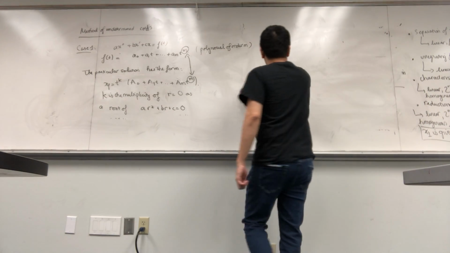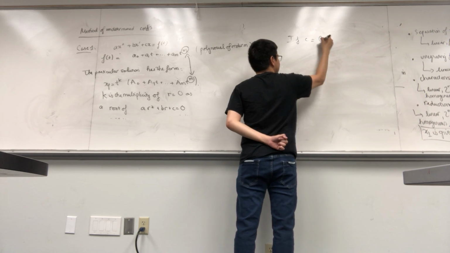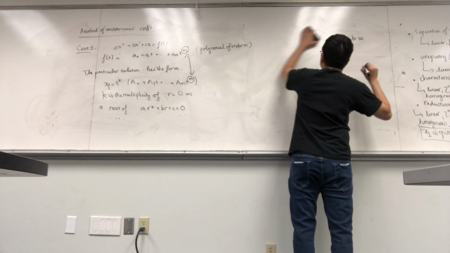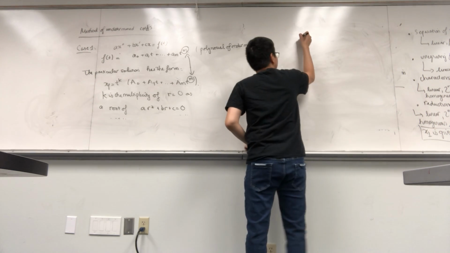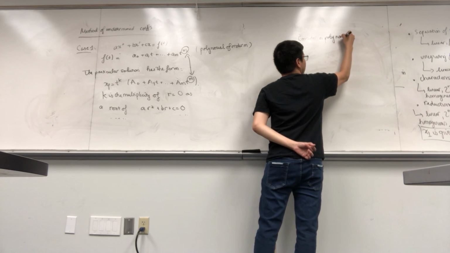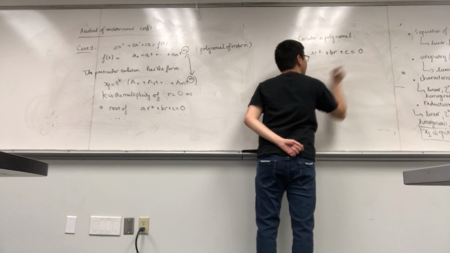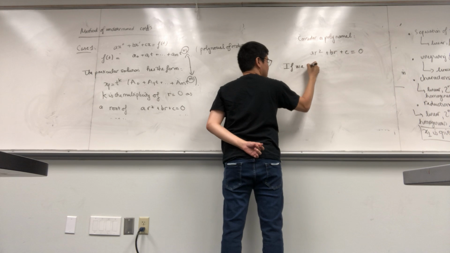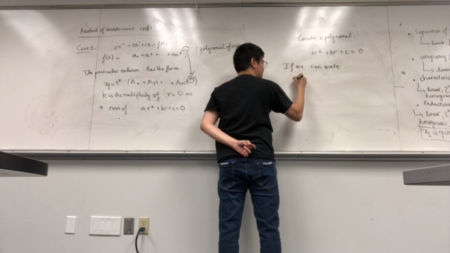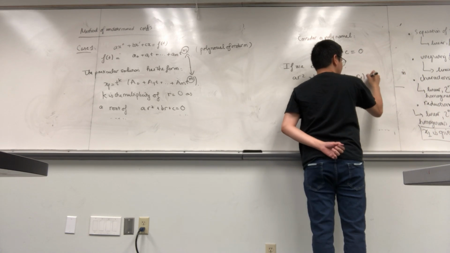So for instance, consider a polynomial ar squared plus br plus c equals 0, if we can factor ar squared plus br plus c to be a times (r minus r1)(r minus r2).